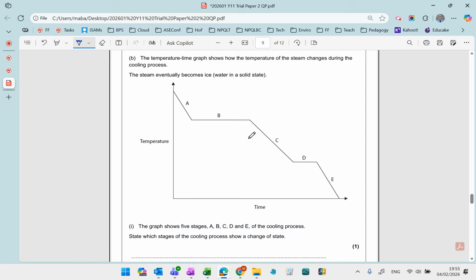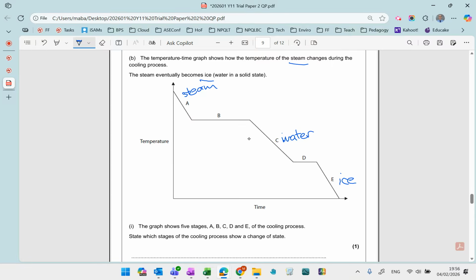Okay. So it says that the steam is changing and it eventually becomes ice. Okay. So what processes is it going to go through then? Well, up here, okay, this is where it's steam and cooling down. When it's C, it's water and it's cooling down, and then E is where it's ice.